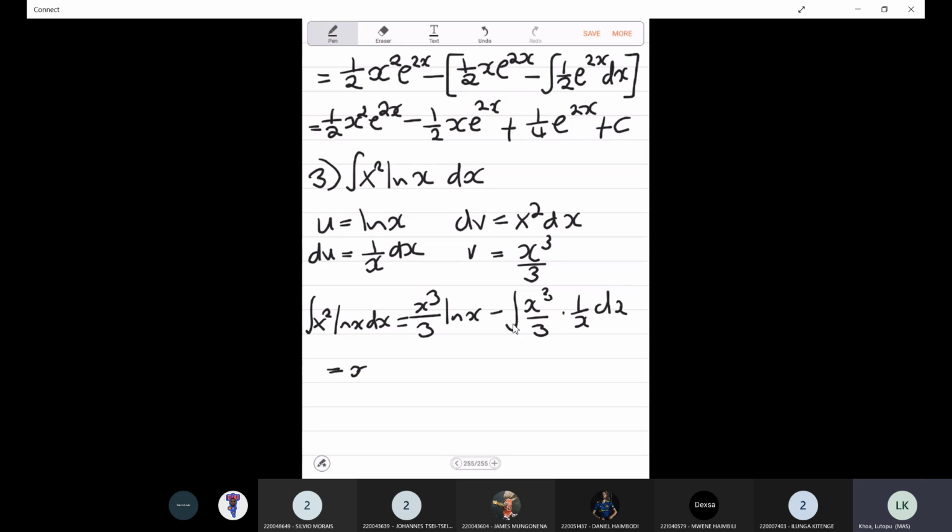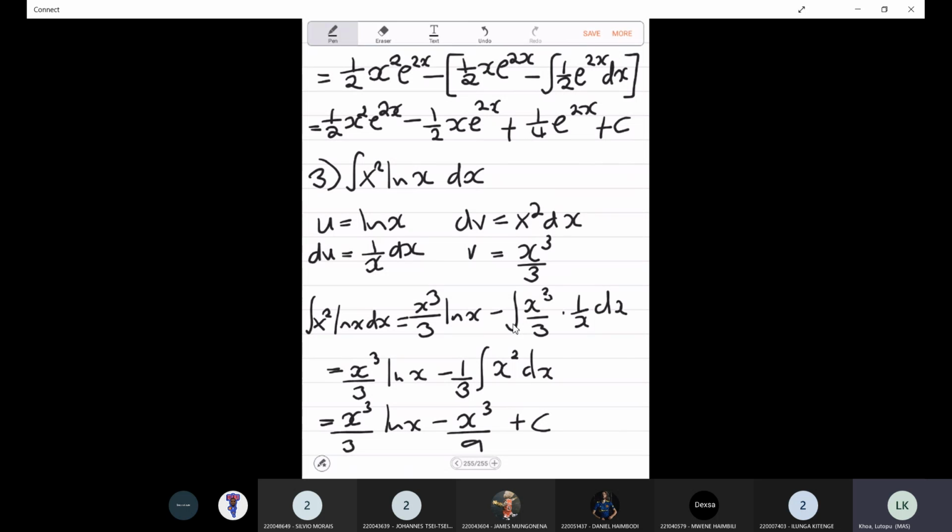So this is x to the power of 3 over 3 ln of x minus 1 over 3 the integral of x squared dx, which is x to the power of 3 over 3 ln of x minus x to the power of 3 over 9, and then you add your constant of integration.